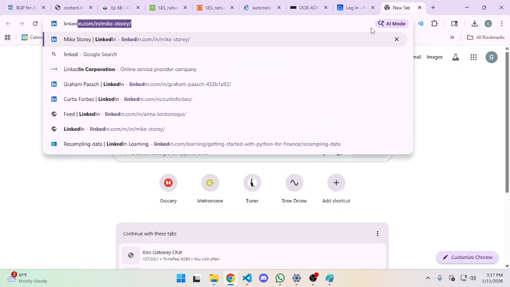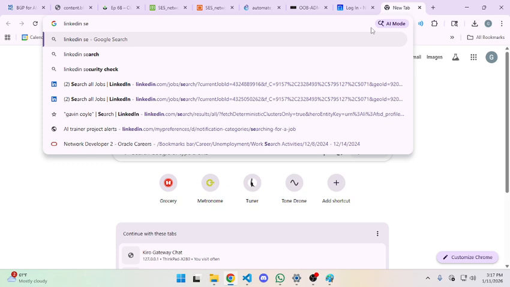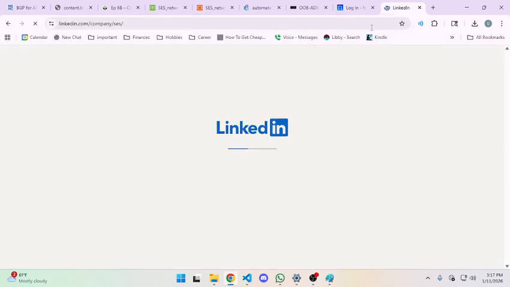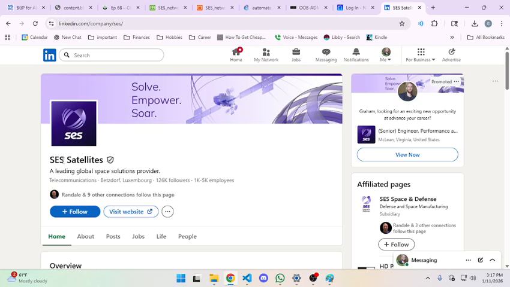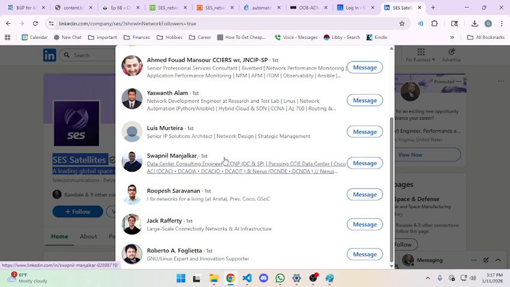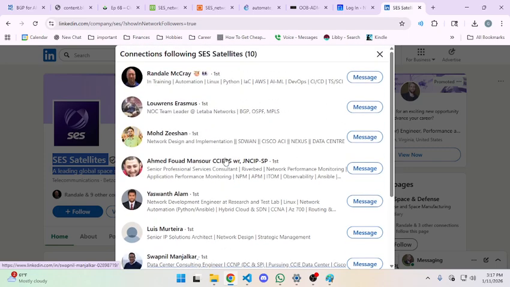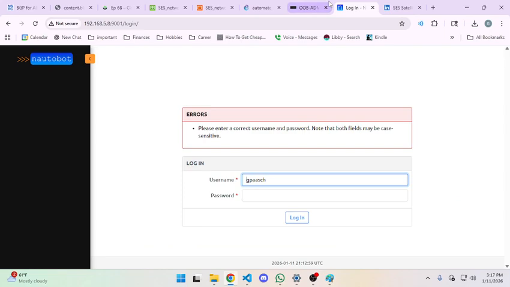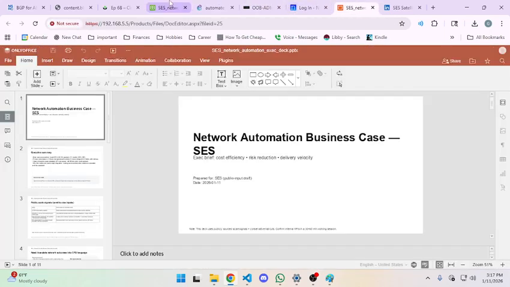LinkedIn, SES Satellites. There we go. So we're going to make a presentation to see if SES Satellites, which is followed by, oh, but we're going to see, yeah, so we're going to have cost efficiency, risk reduction, and delivery philosophy note.